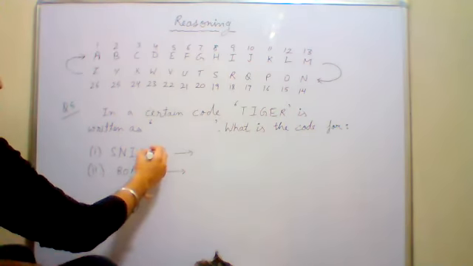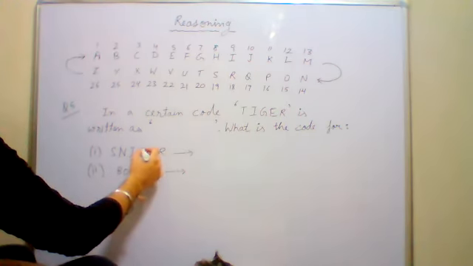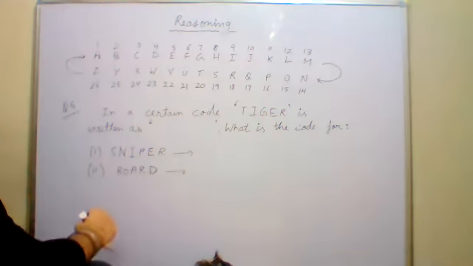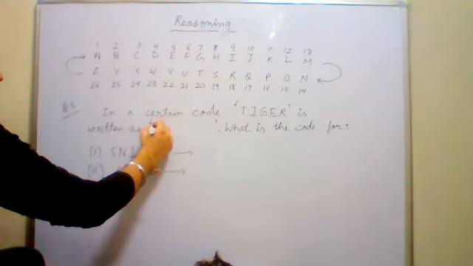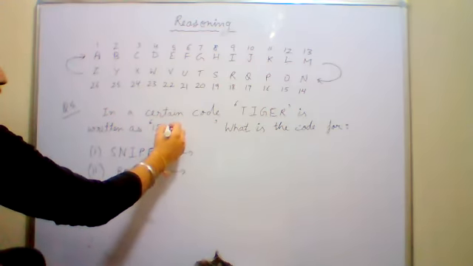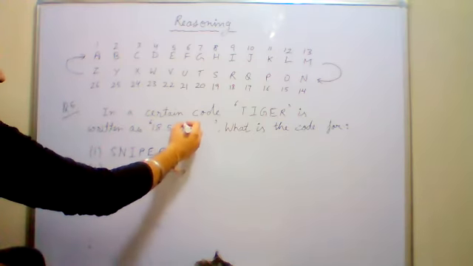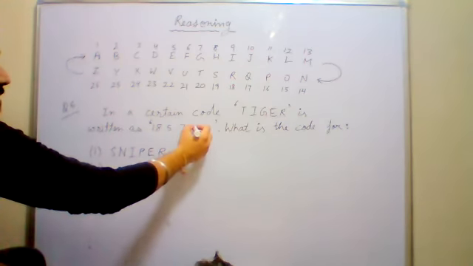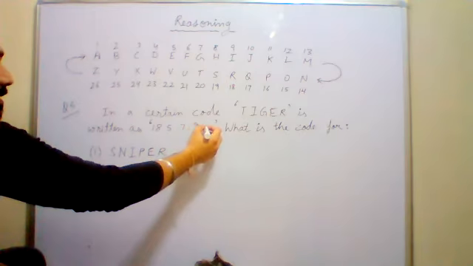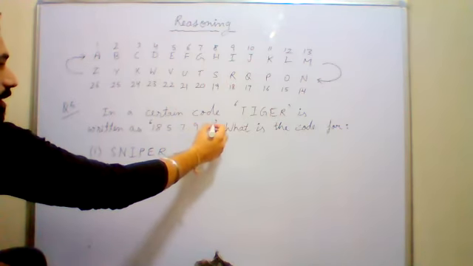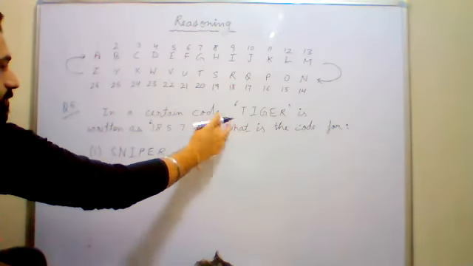So the code for tiger is 18, 5, 7, 9, 20.